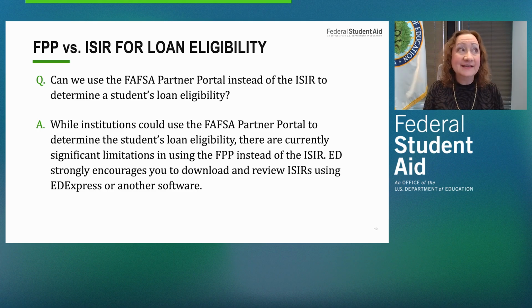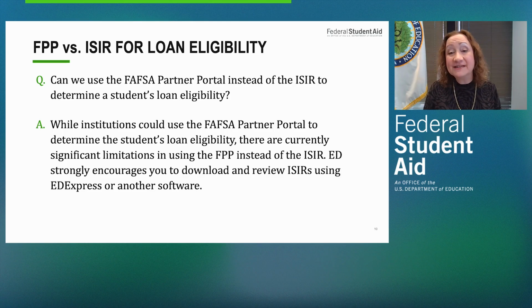Now, this means that you should be downloading ICERs or collecting FAFSA submission summaries when you package your students for Title IV aid, and not relying on screenshots of FAFSA data that you could capture from the FAFSA partner portal. And your auditor will check if you maintained either the FAFSA submission summary or ICER during your annual compliance audit.